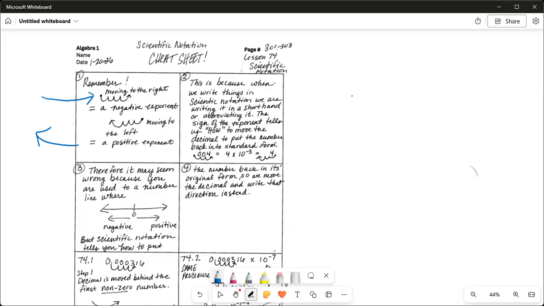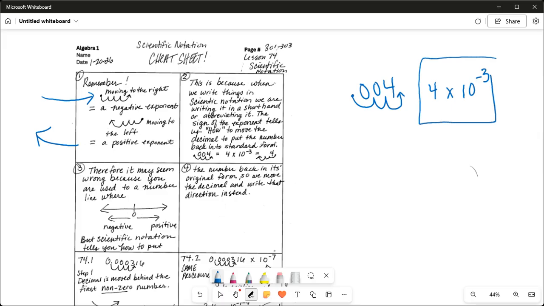So, for example, if this is our decimal and we put it into scientific notation, we're moving it 3 places to the right. So that's going to be 4 times 10 to the negative third.